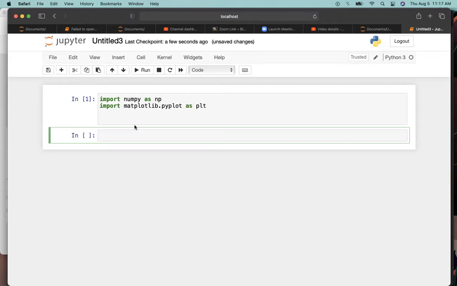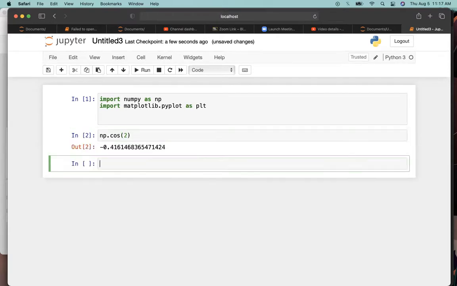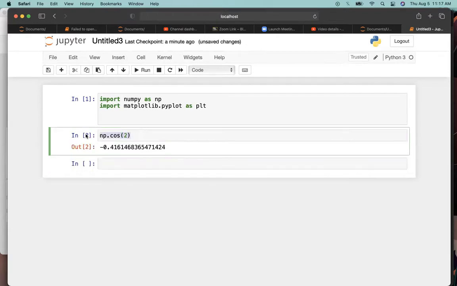I guess we'll just do cosine or something. NumPy definitely has cosine.